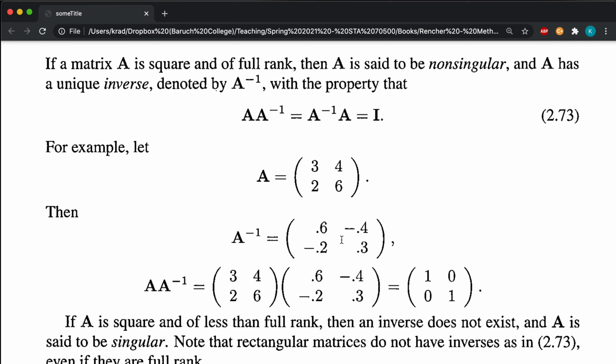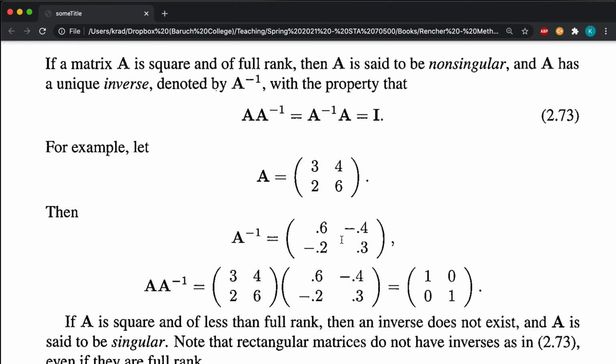And essentially, I don't want to say all, but most statistical learning methods, at the heart of them, are trying to find the inverse of a square matrix. And that is a computationally challenging task when A is large.